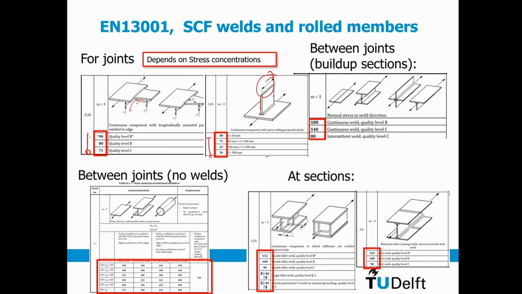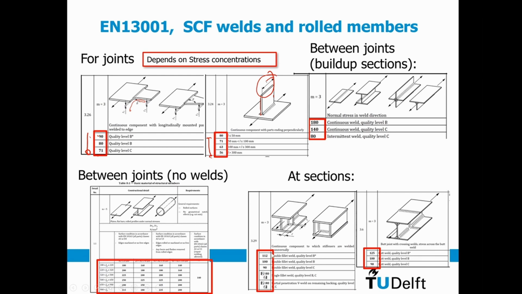And then between the sections, stresses along the weld: welds which are in line with my member have little effect on the fatigue classes, but at sections here, if I have intersections, I have lower classes than perpendicular.